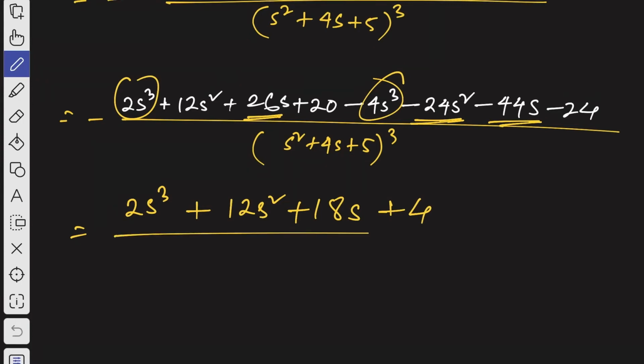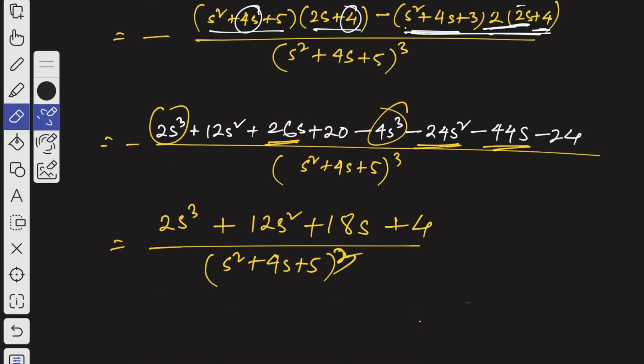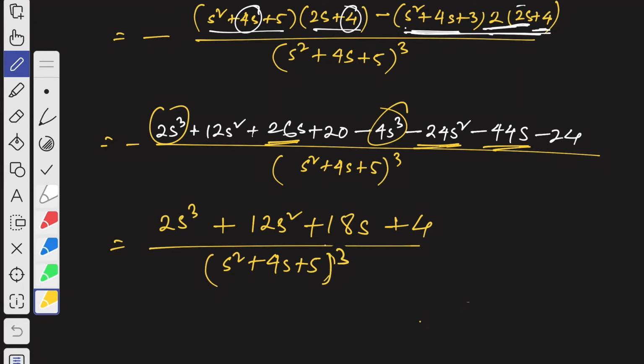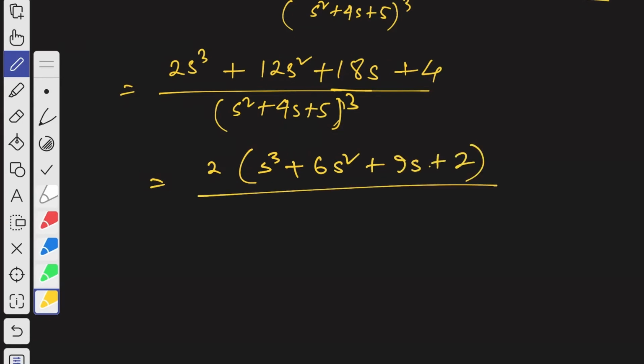So now let us take 2 common. So here s square plus 4s plus 5, so this should be cube, okay, whole cube. This expression here, you see the denominator should be whole cube. It is whole cube, right? Now let us take 2 common. Okay, so if you take 2 common, then you will get 2 times s cube plus 6s square plus 9s plus 2, by s square plus 4s plus 5 whole cube.